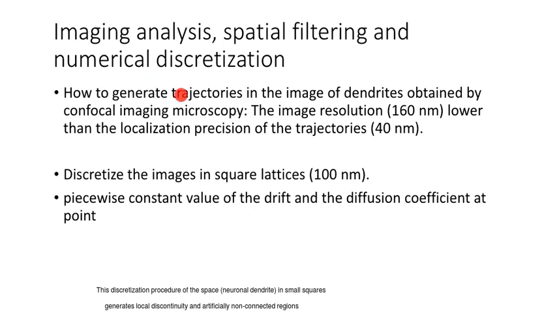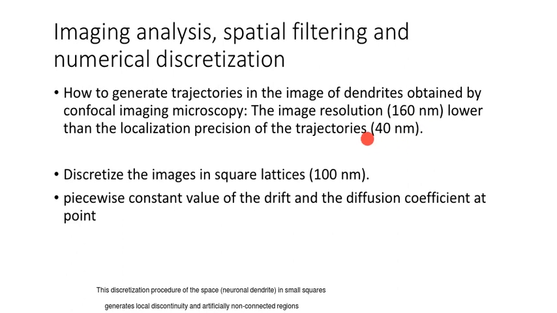So the question is how to generate trajectories in the image, for example, of a dendrite, a neuron, an axon, obtained usually by a confocal microscopy image, while the trajectories where we get the statistics have been acquired at a super resolution. For example, we can get a resolution of less than 200 nanometers, like 10, 20, 40 nanometers for the trajectory, while the image resolution is 160.